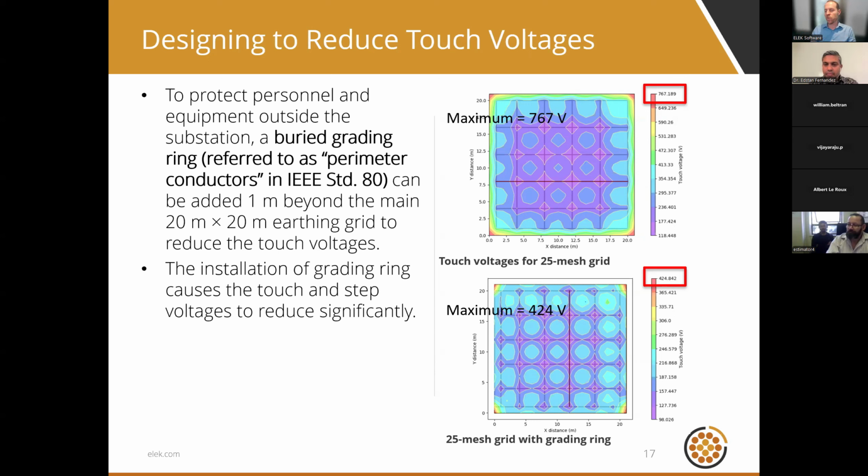It essentially raises the surface voltages near the feet of somebody standing outside the fence. You can see the difference, the top and the bottom plot, 700 volts versus 400 volts. Just by adding that grading ring around the perimeter, we've been able to almost halve our touch voltages.